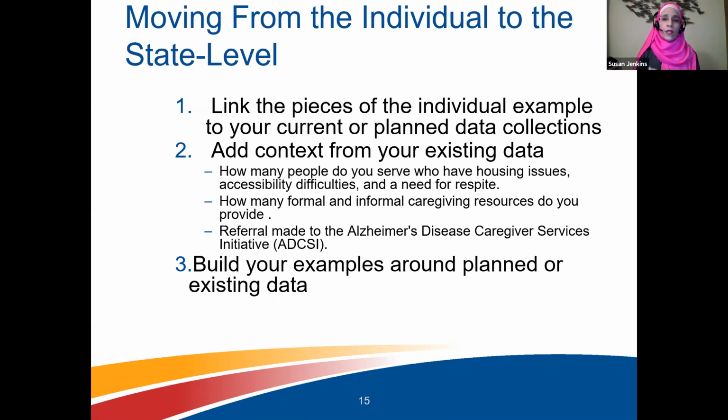Because the illustrative examples are interesting, but when they're put in the context of data, they can be that much more meaningful. You can also ask how many formal and informal caregiving resources you provide, because that was brought up in the second example, and how many referrals are made to the Alzheimer's disease caregiver service initiative, and look at the outcomes related to that.